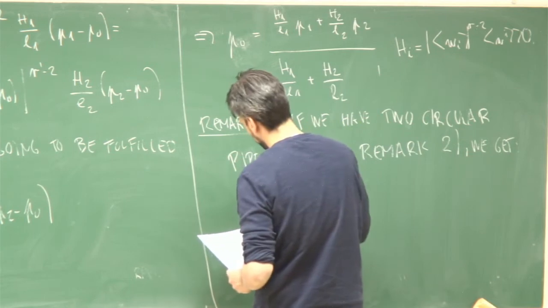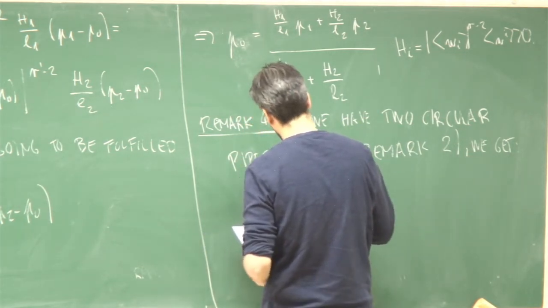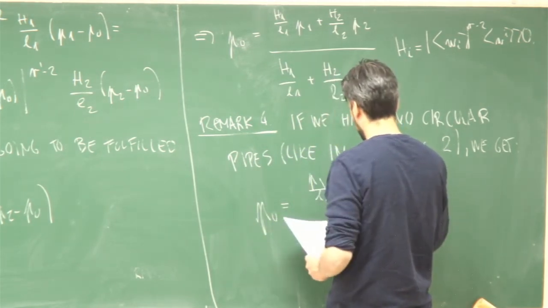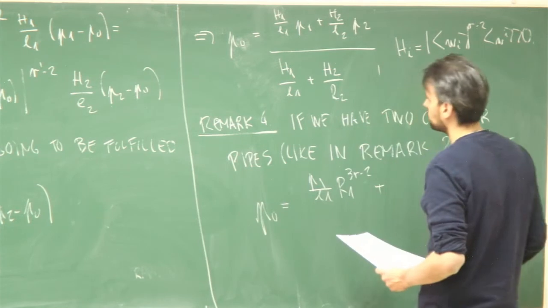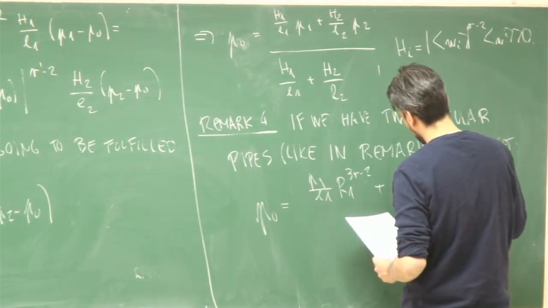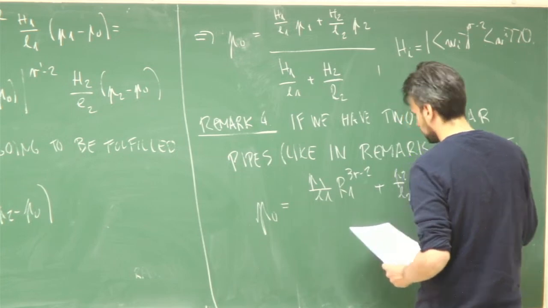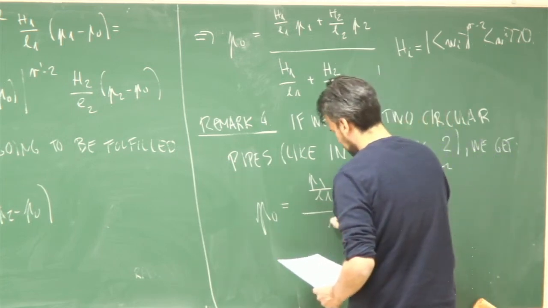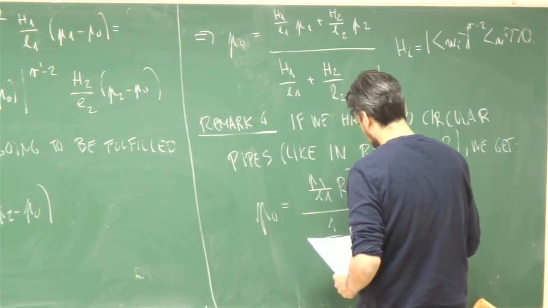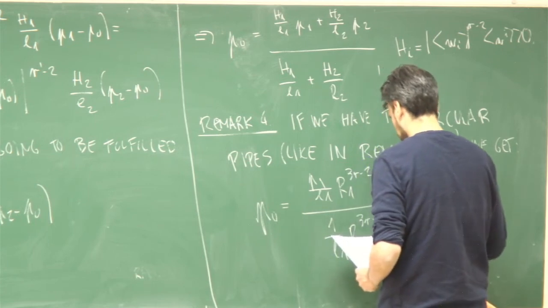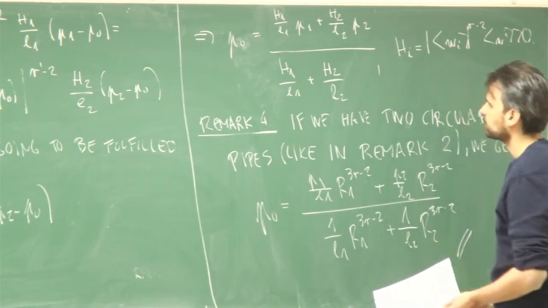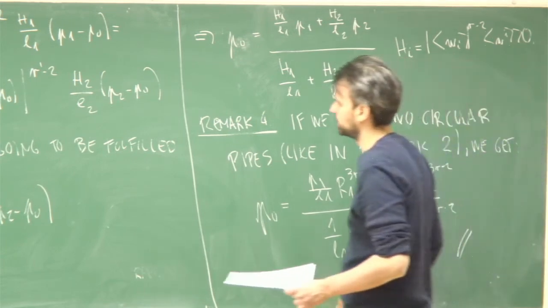So P0 is P1 over L1, R1 to the r minus 2, plus P2 over L2, R2 to the r minus 2, over 1 over L1, R1 to the r minus 2 plus 1 over L2, R2 to the r minus 2. So, okay, you obtain this explicitly.